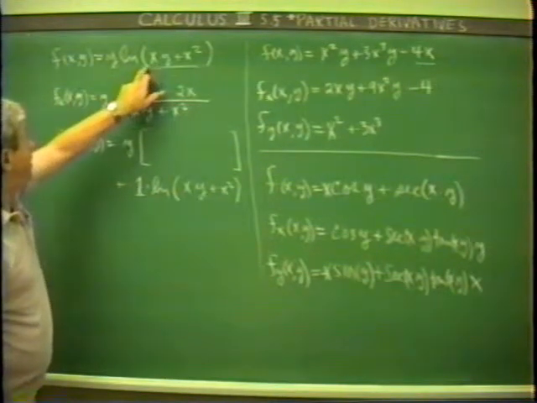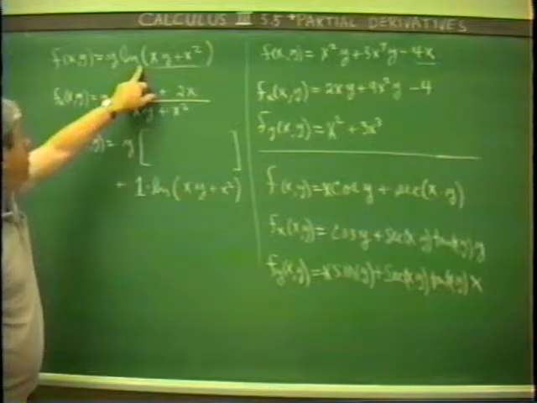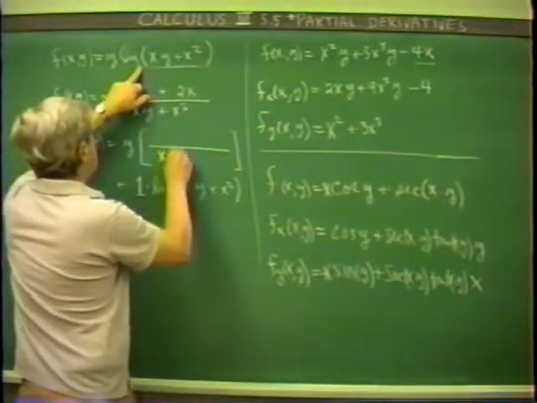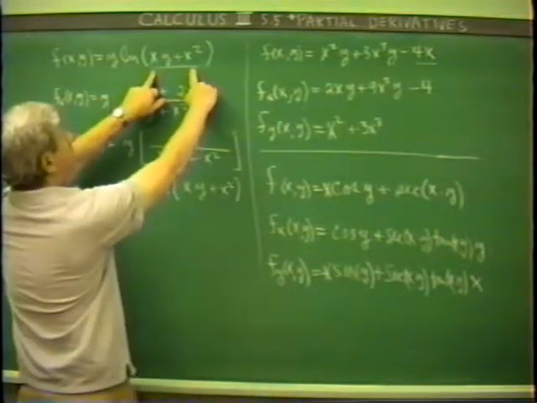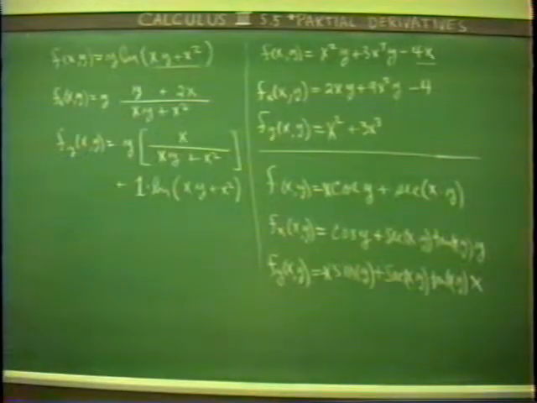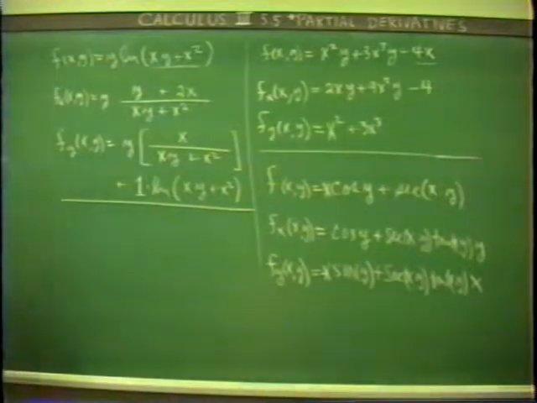So we need the partial derivative of the second here. We've got y. The partial derivative of this with respect to y is going to be 1 over xy plus x squared times the partial derivative here of this with respect to y, which is x. So there's that.